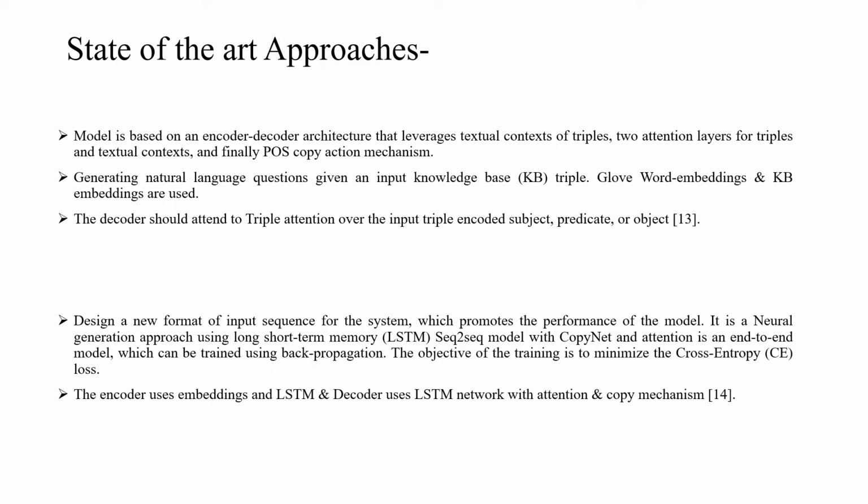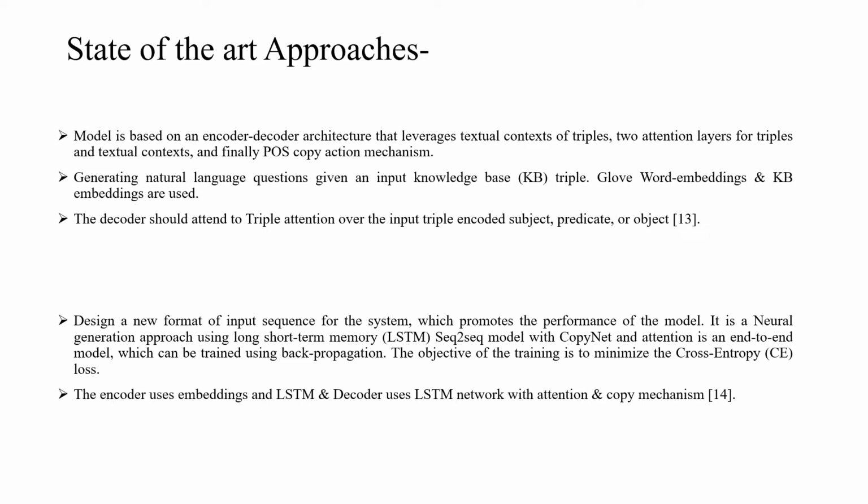When we have to generate questions from knowledge bases, knowledge bases are a combination of nodes and edges that make a graph, that make a knowledge base. So for processing the knowledge base we need some sort of embeddings, like knowledge base embeddings, word embeddings, sentence embeddings. We need the embedding values for processing it, right?